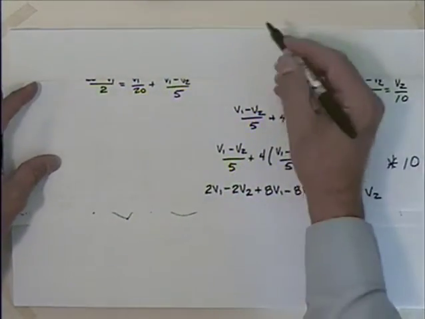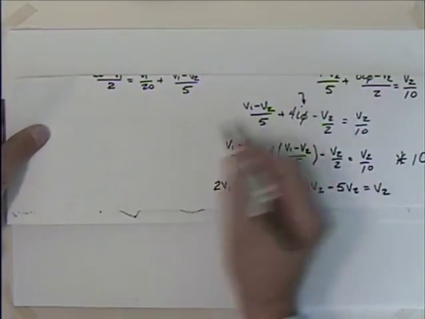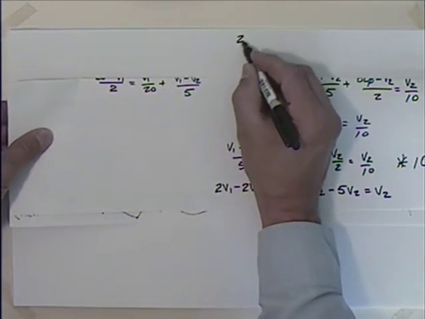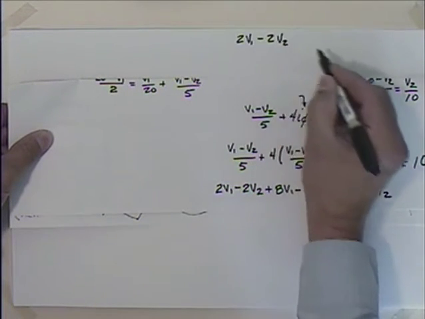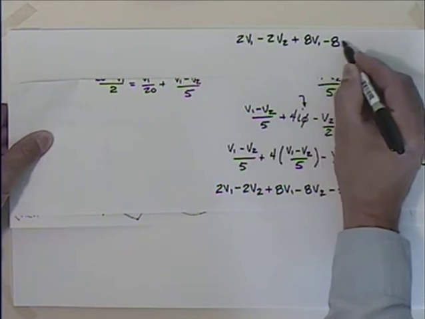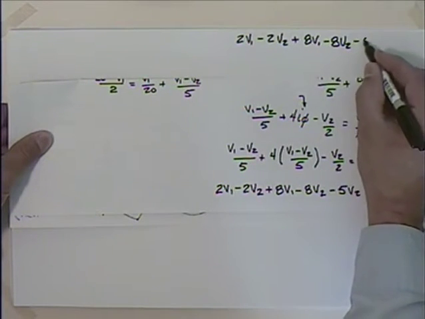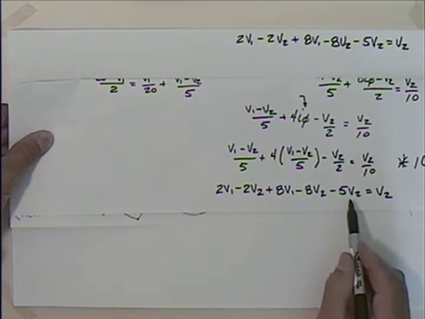So let me keep working on this. Let me repeat this up here. So I have 2V1 minus 2V2 plus 8V1 minus 8V2 minus 5V2 is equal to V2. Double check that.